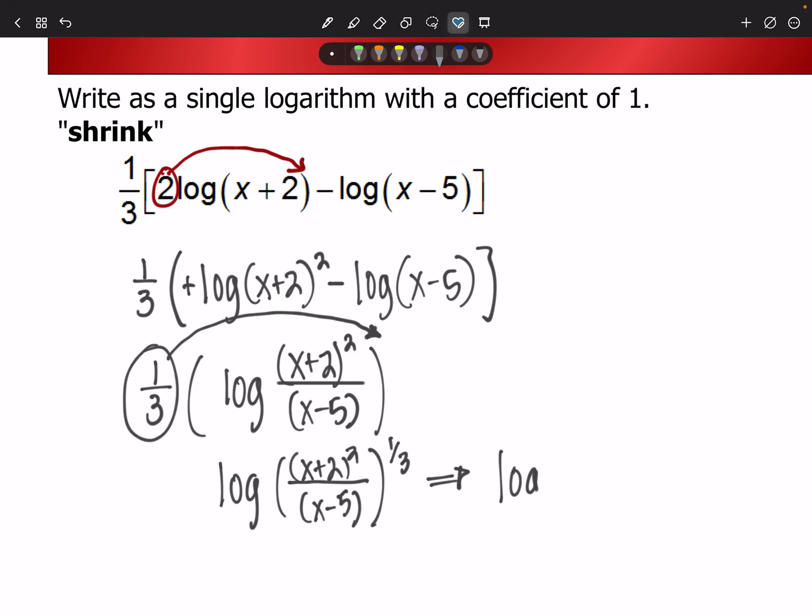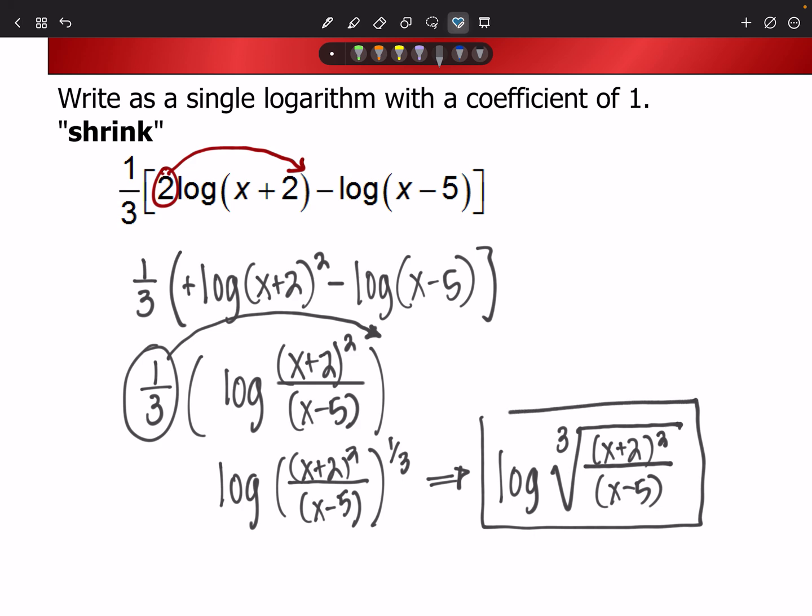So that's going to be log of the cubed root. And then inside that cubed root, we'll have x plus 2 quantity squared over x minus 5. A bit of a challenge.